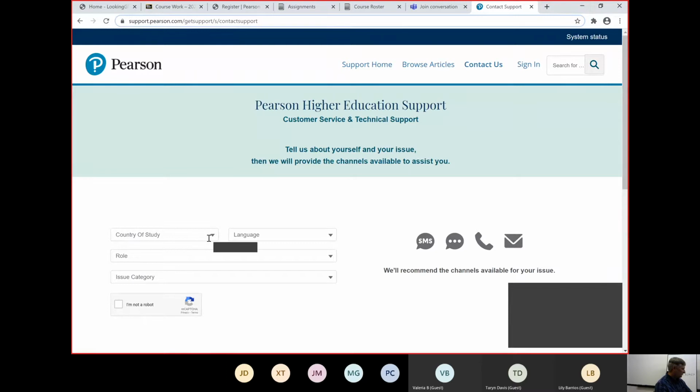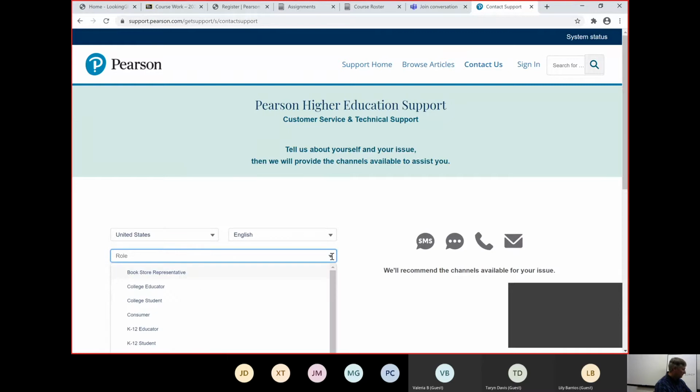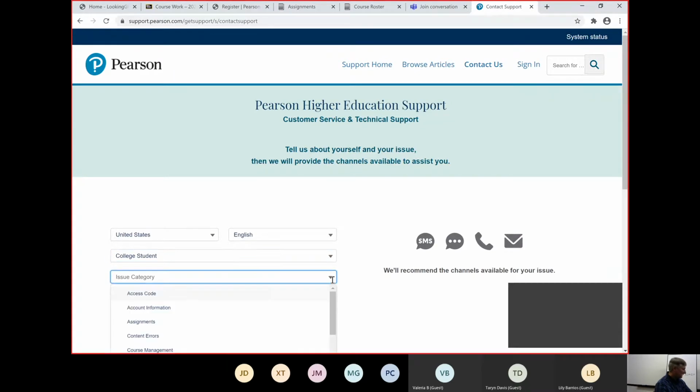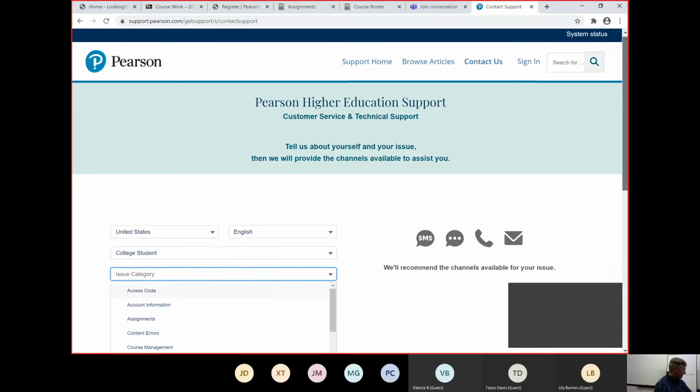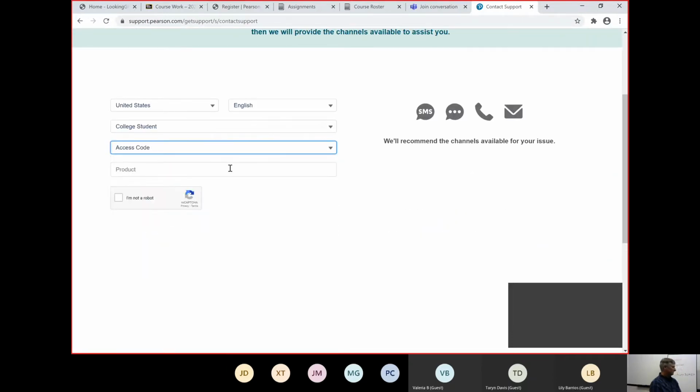So filling this out. The course is based in the United States. You're going to be a college student. And then the issue is access code. So if the course is based in the United States, it's taught using English, you're a college student, the access code's the issue, and then let's click on product.